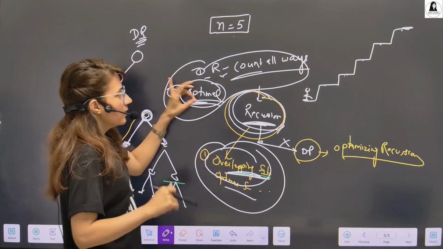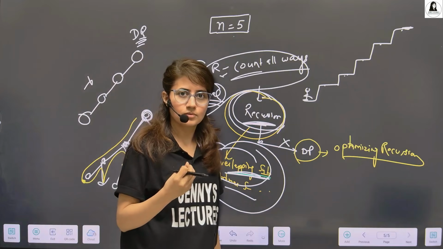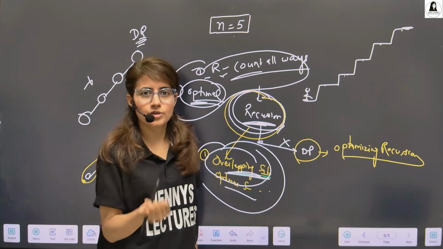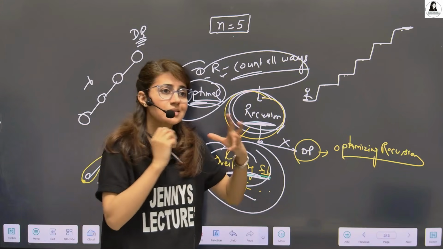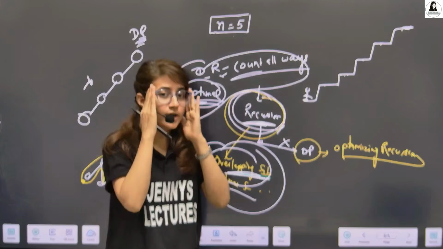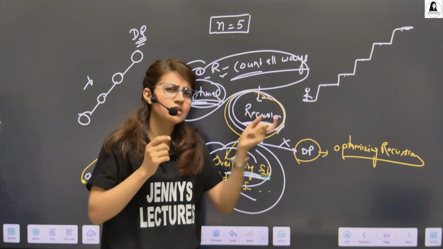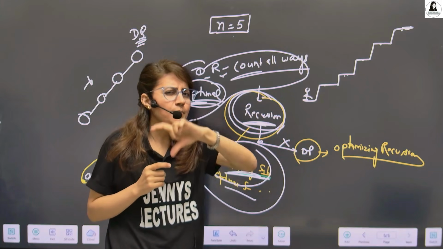So those are some points or keywords you need to identify: choosing from choices, minimization, maximization, count number of ways, distinct ways, steps, paths. These kinds of keywords will be given to you, and you have to identify it's a recursive problem. If it's a recursive problem, then identify whether subproblems are overlapping or not.